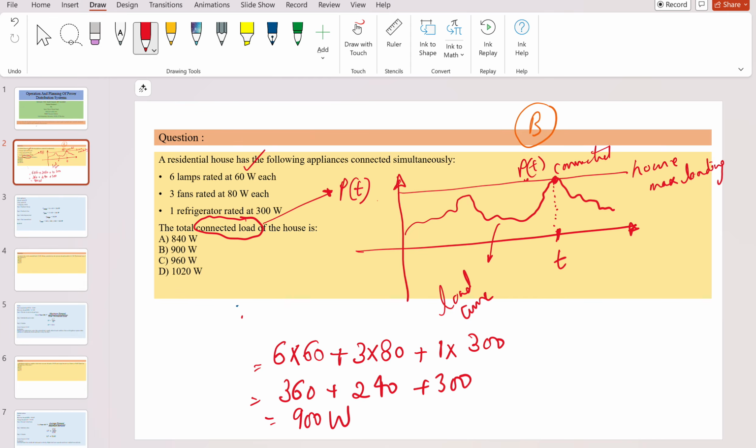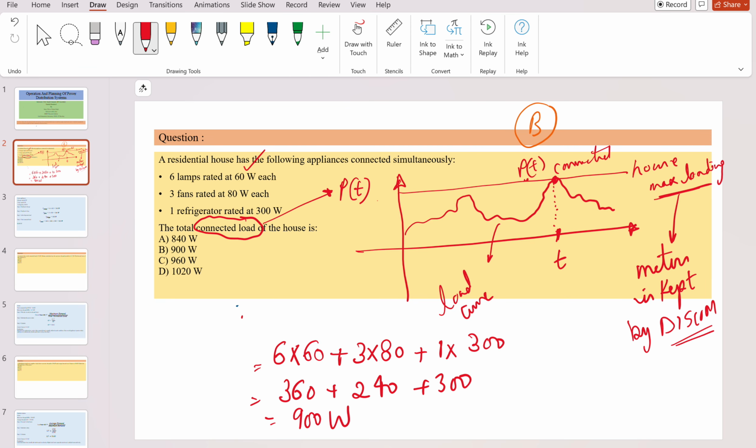So here you have understood what a connected load is and how it is different from the load curve of a particular house. Connected load is constant because it is the maximum peak which can be required, and on the basis of this connected load only the meter is kept by the discom, as we understood from the last tutorial session.